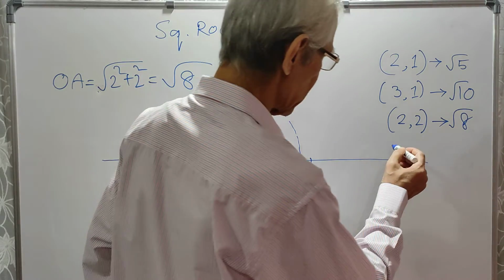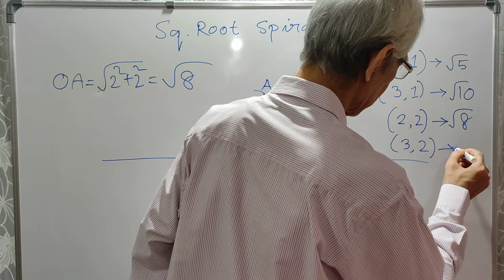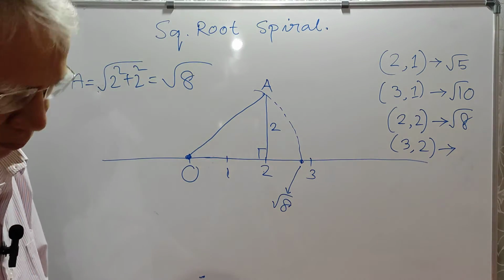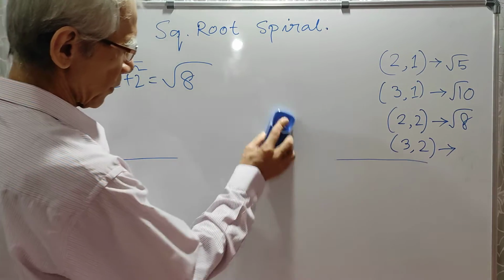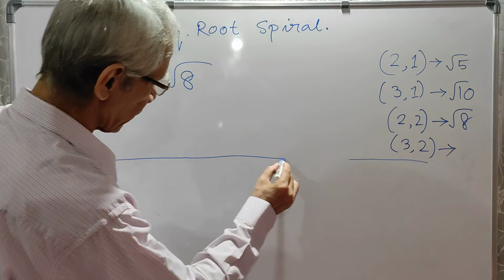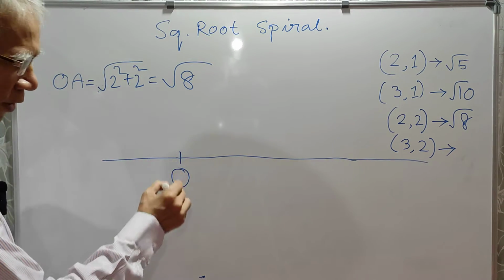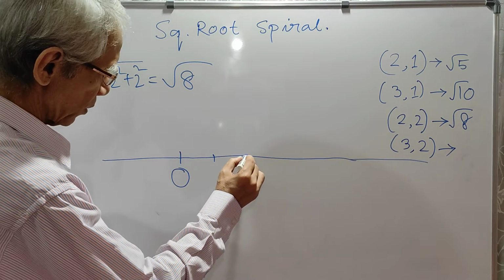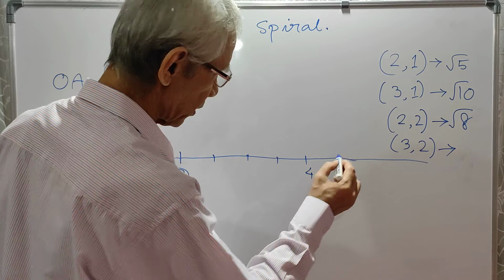Now lastly, let us see what we get by taking 3, 2. So this is 0, O indicates 0. This is 1, 2, 3, 4, 5, etc. Alright?